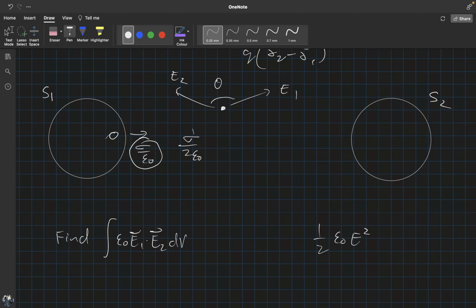So sigma by epsilon naught on the outside, zero on the inside, correct, and so on the surface it would be their average, sigma over two epsilon naught. I would not prefer this average, because this is a method which may land you in trouble if there is a tweak on sigma.